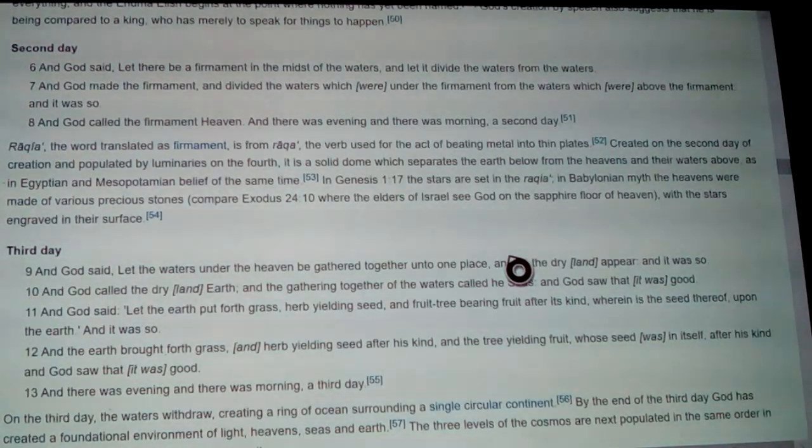Okay? And God called the firmament heaven, and there was the evening and there was the morning, a second day, right? Now, did he say it was good there? It's funny, he says it's good on every single one, but I believe we just read that through, and even though he says it's good, he doesn't actually say it right there, does he?